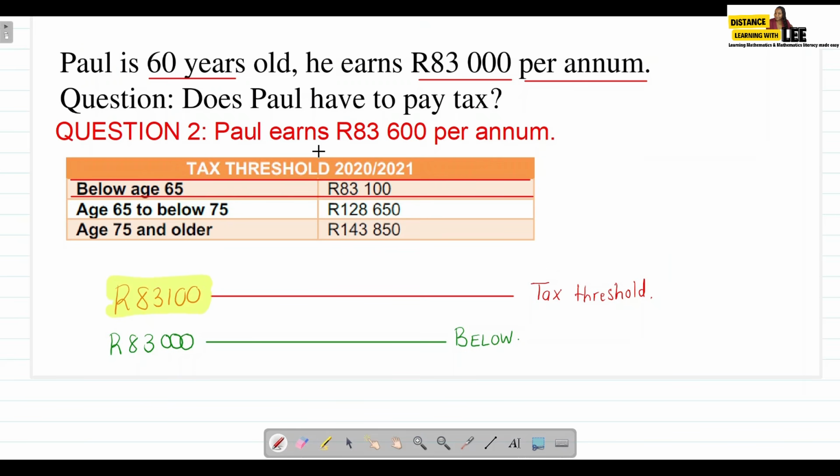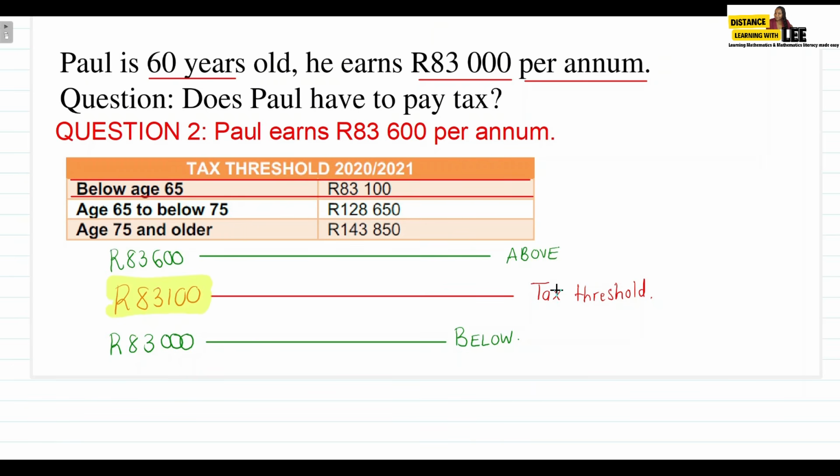But now, if he earns 83,600 per annum, we must determine whether that amount is more than or less than the tax threshold. In this case, we would see that 83,600 is more than, or above, the tax threshold. So in this case, he would have to pay tax.